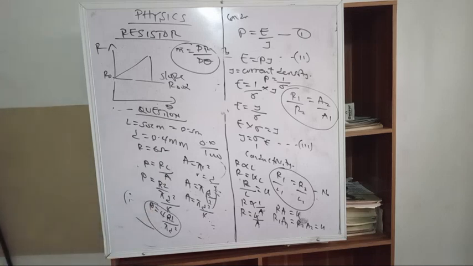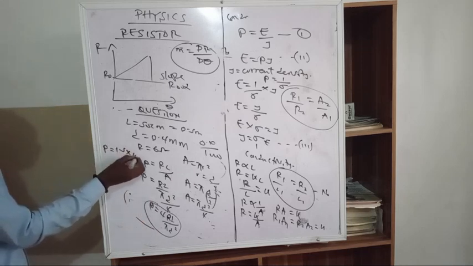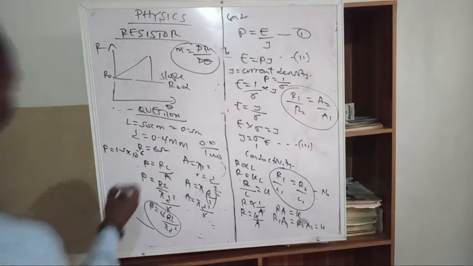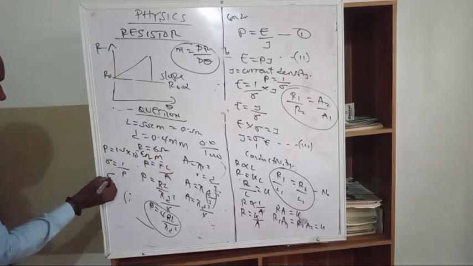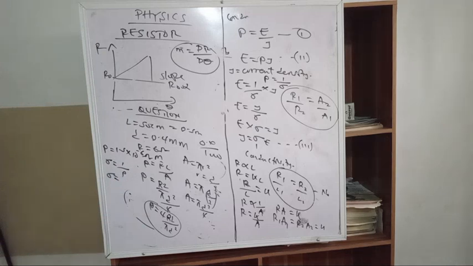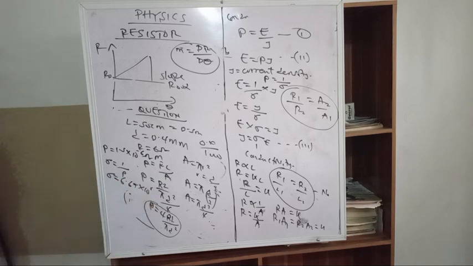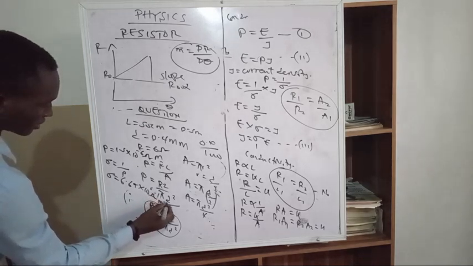If you solve it down, the value of resistivity is 1.5 times 10 raised to power minus 6 ohm meter. Then your conductivity is 1 over resistivity, and when you calculate down, you have a value of 6.67 times 10 raised to power 5, per ohm per meter, which is the SI unit.